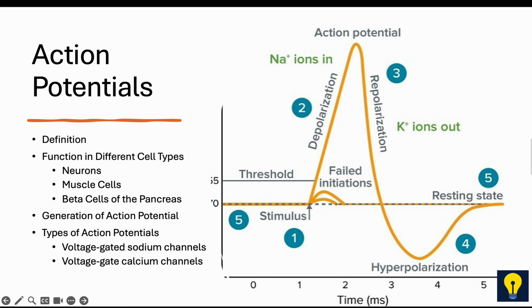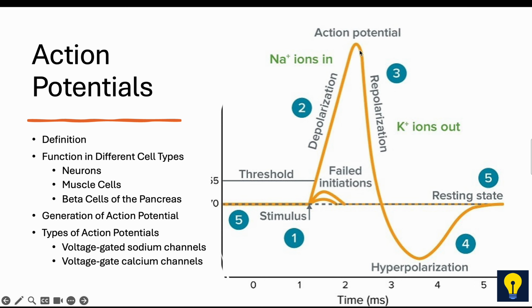This is called the threshold voltage, as you can see from this diagram. Upon opening, they allow an inward flow of sodium ions, which leads to a depolarization, as we see in number 2. So sodium ions come in, and this process continuously explodes until all available ion channels are open, resulting in an increase in membrane potential.